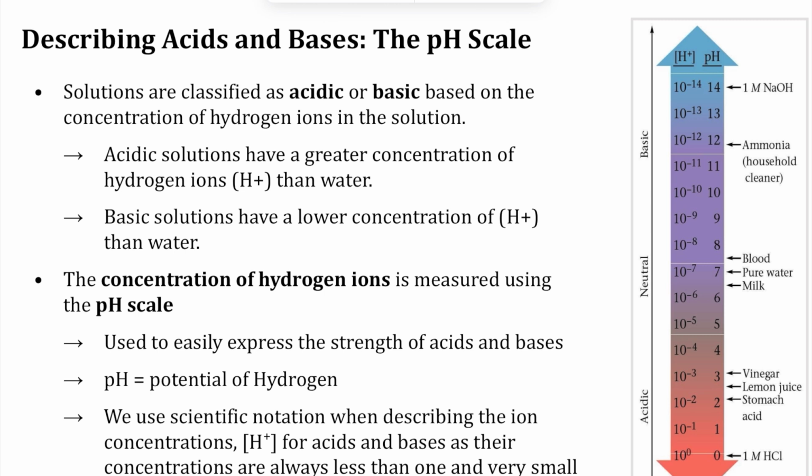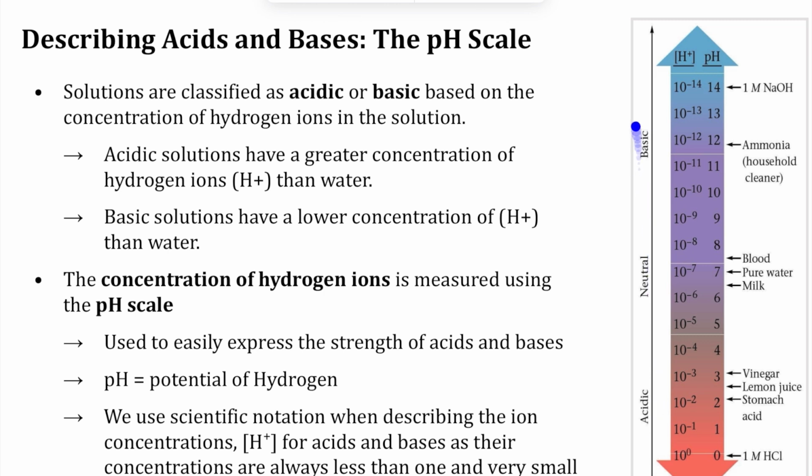Because we are using these really small concentrations, the pH scale gives us a number that's a little bit easier to express and gives us a little more context than a number that's times 10 to the negative whatever.